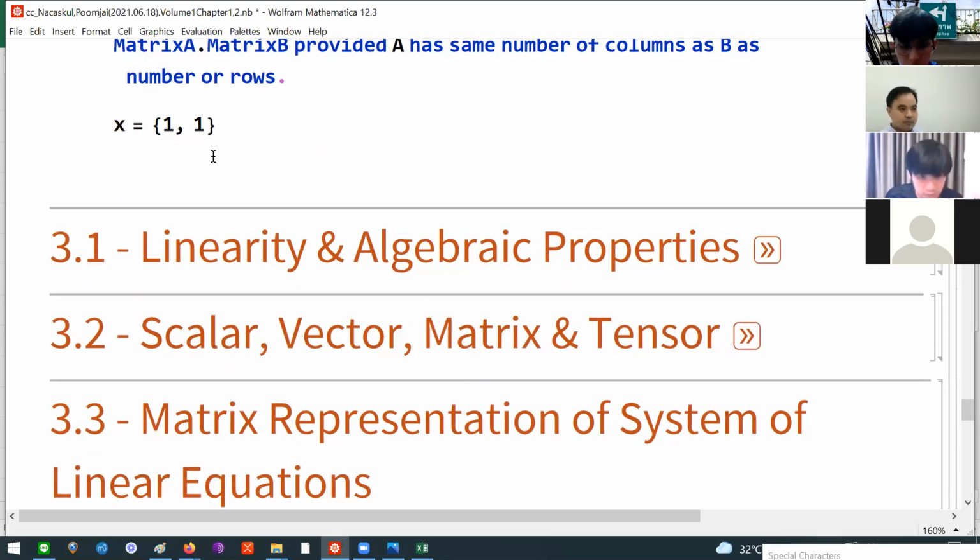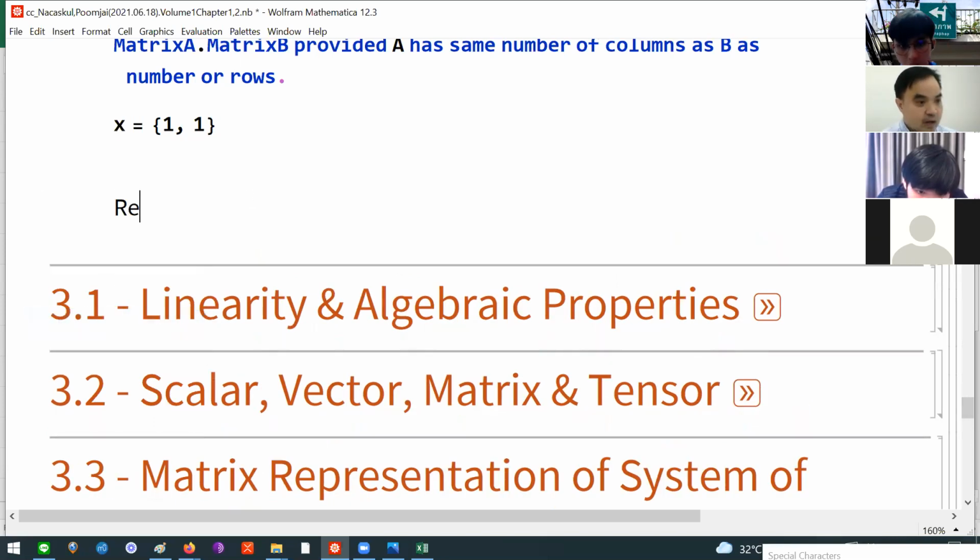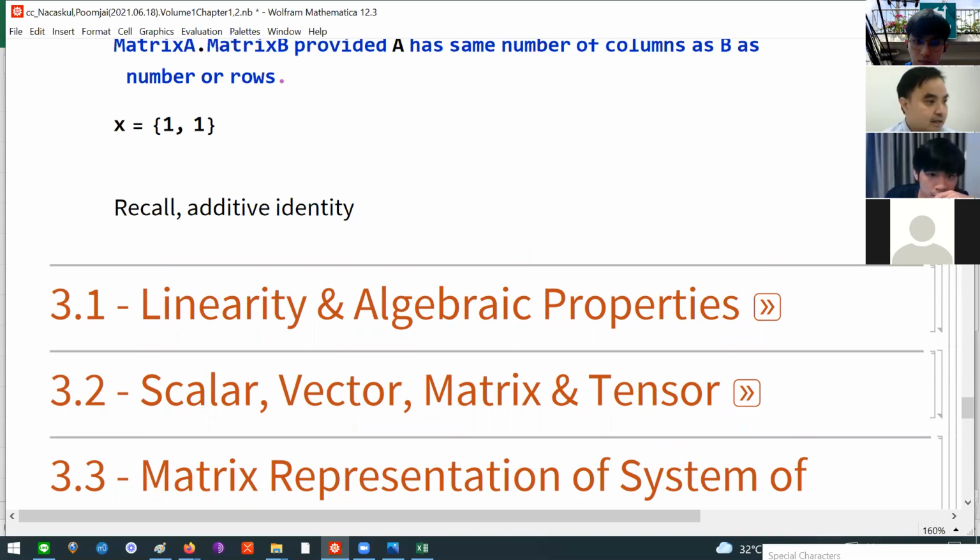But what I want to do is go back to what we did earlier with addition and multiplication. So remember, recall, additive identity is what? Is 0.